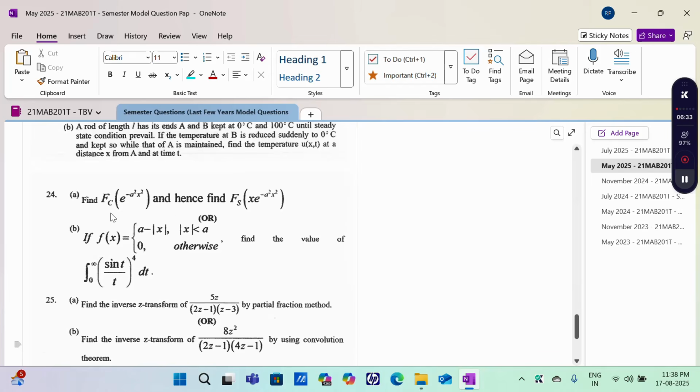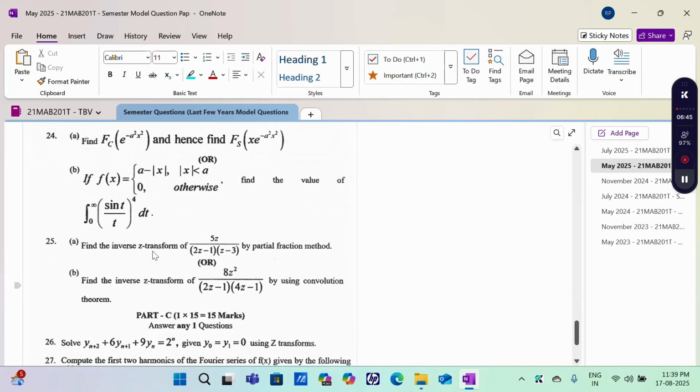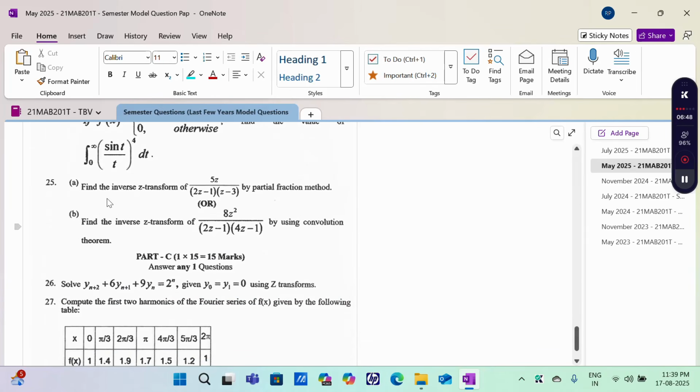Here find the Fourier cosine transform, Fourier sine transform, or here the function of x is given, and the power 4, to find the value using Fourier transform. And 25a inverse Z transform using partial fraction method, or 25b find the inverse Z transform using convolution theorem.